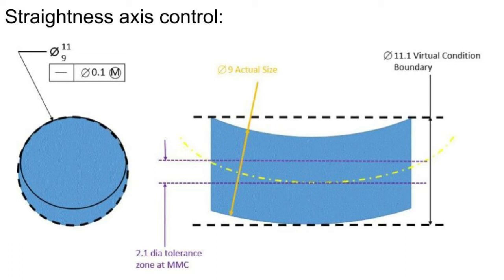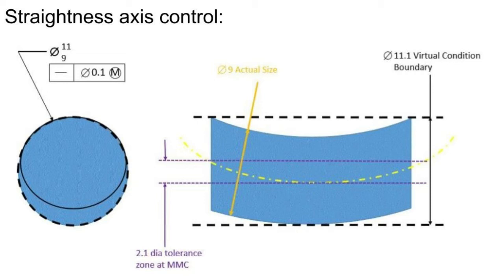By adding bonus tolerance and straightness at the MMC, we get 2.1 inch, the total straightness tolerance available if the part is manufactured at 9 inch outside diameter.